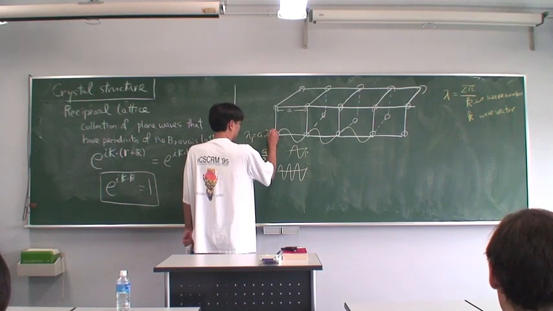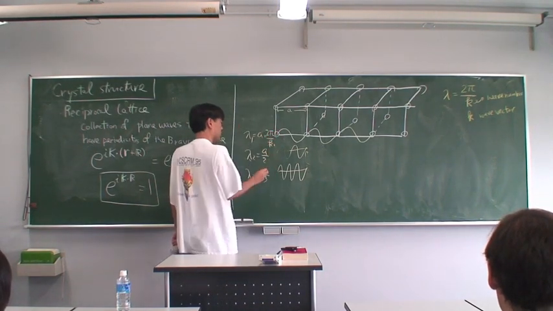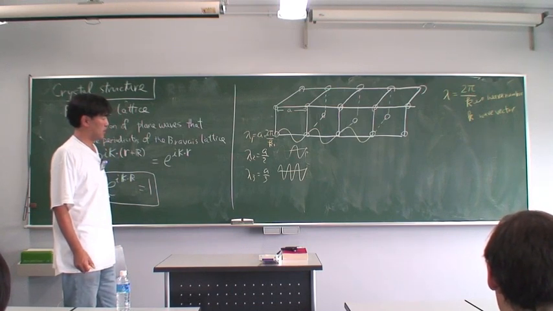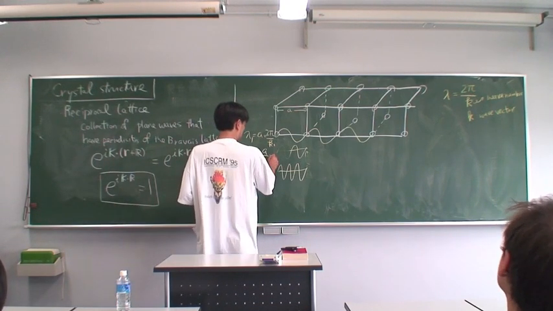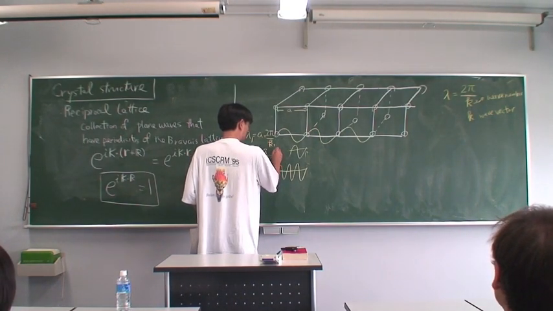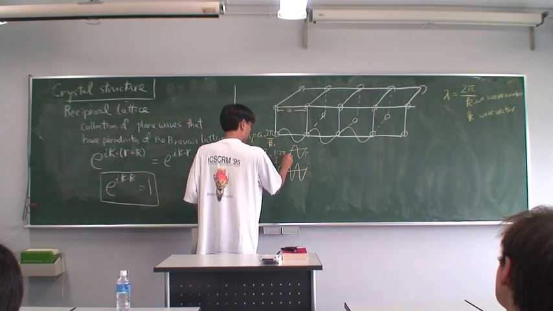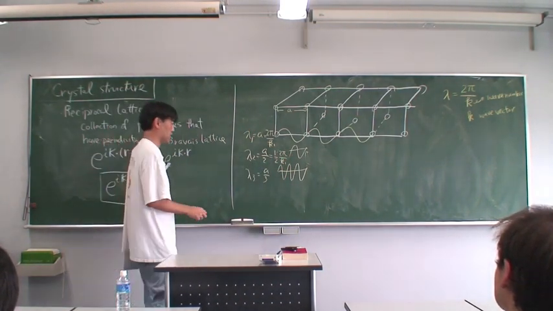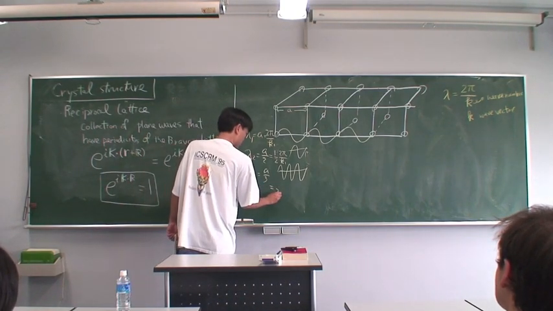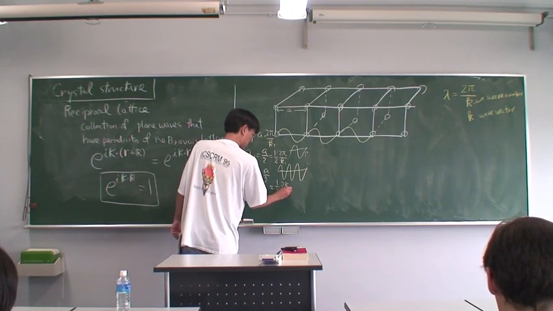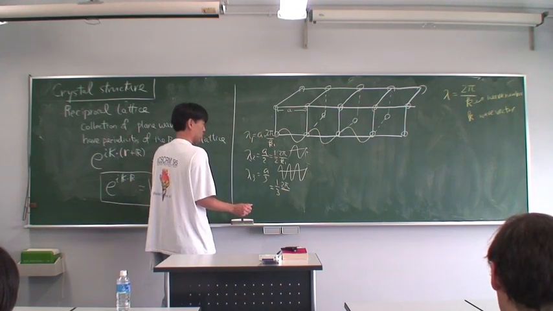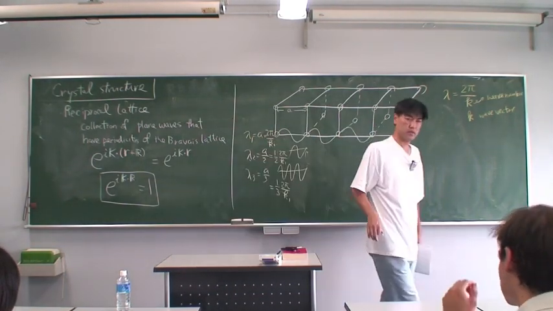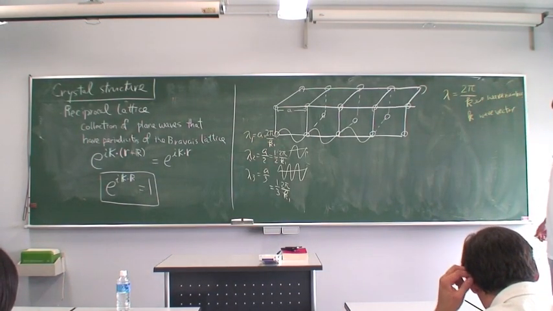Let's just write down 2 pi over k1. And then this is 1 over 2, 2 pi over k1, and so on. Make sense?